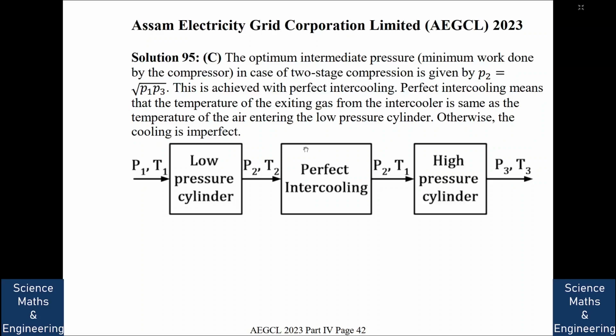If we can decrease the temperature, intermolecular collisions would be less, and so our work done would be less. So we need to cool it first. That is why intercooling is required.